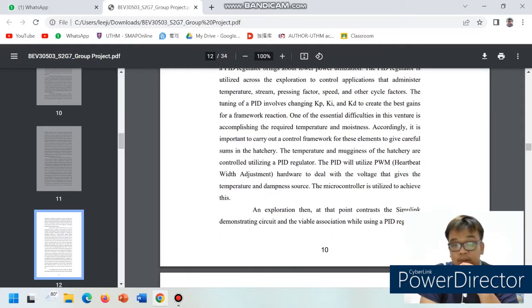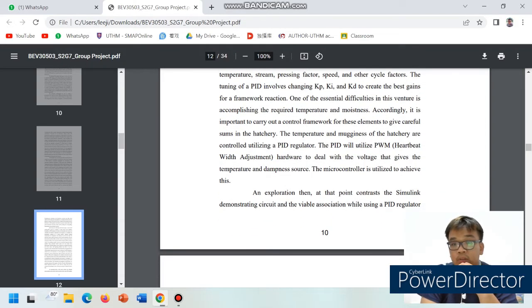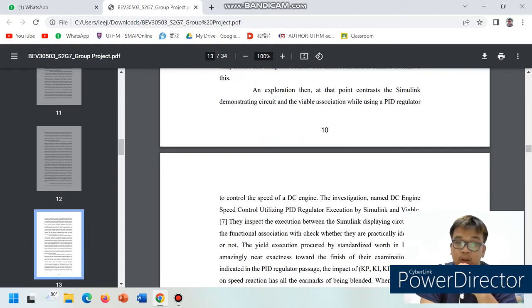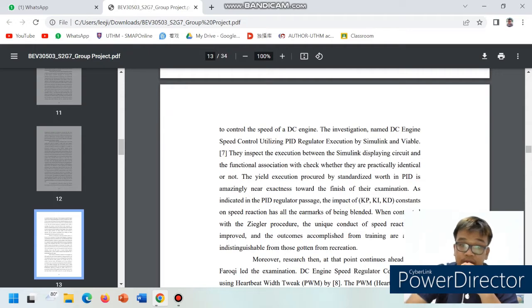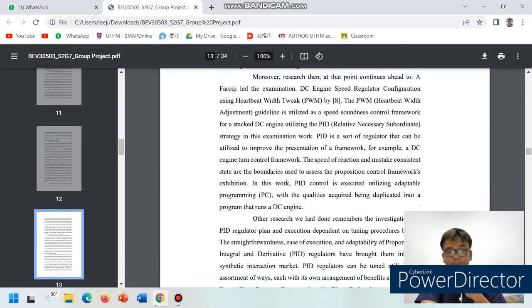Another exploration compares the Simulink demonstrating circuit and the variable association while using a PID regulator to control the speed of a DC engine. The execution of the standardized word in PID is amazing, near exactness, toward the finish of their examination.